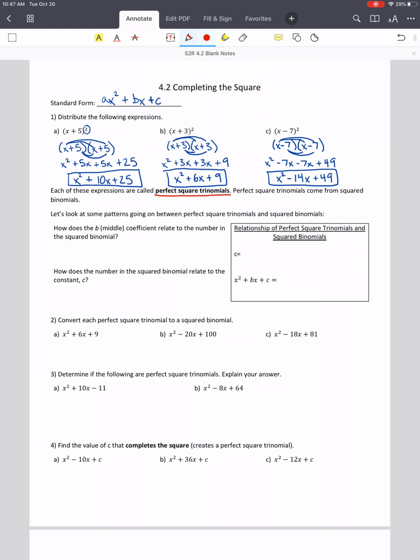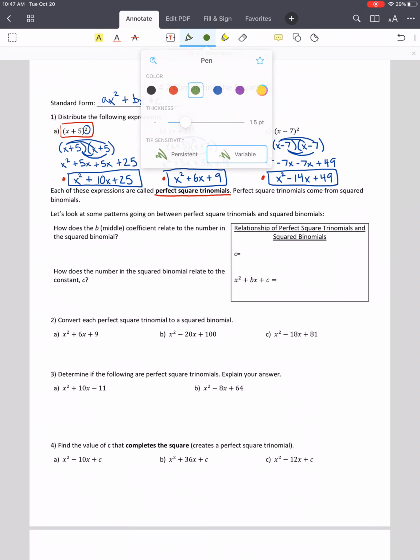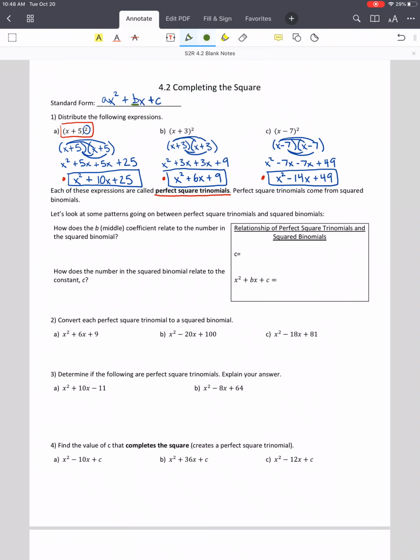And I want you to just look at some patterns of what's going on here. Talking back with standard form, how does the b coefficient, aka this middle coefficient here, relate to the number in the squared binomial? Let's take a look. 10 and 5, 6 and 3, negative 14, negative 7.